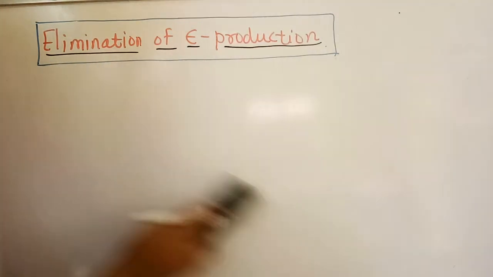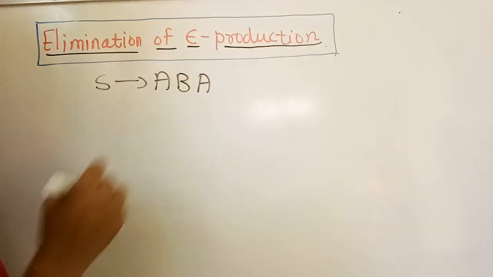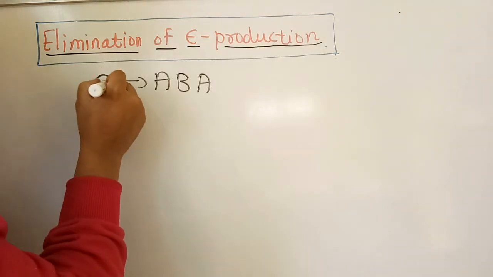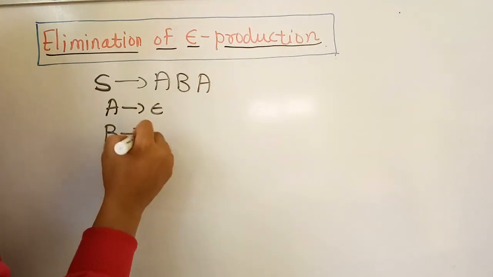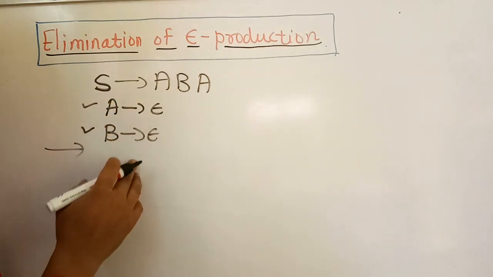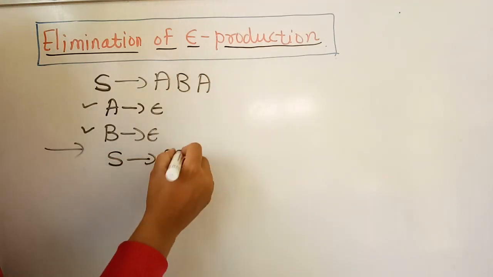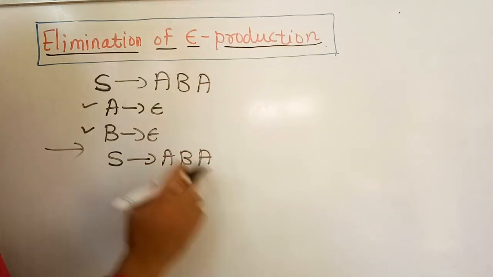Now we will take another example, S gives ABA. In the earlier elimination of useless symbols, we were directly removing parts from our grammar, but here we only have to replace. So S gives ABA, A gives epsilon, B gives epsilon. Clearly A and B are nullable symbols, so we replace their values in this grammar. Turn by turn, replace them with epsilon.